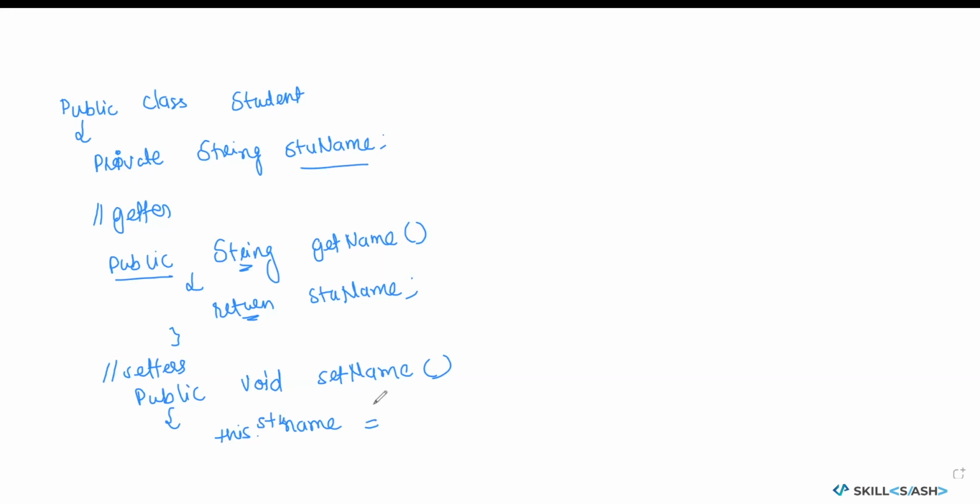So public student name equals to new name. Now that new name you can pass over here in the argument, something like string new name of a student. So then new name.